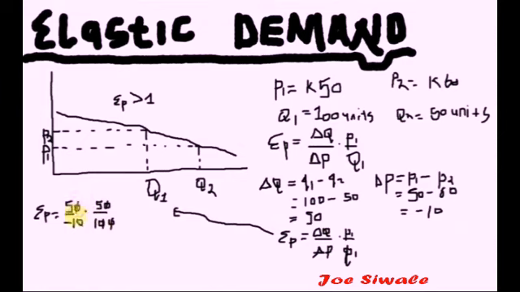So I can cancel out some zeros. After I've done that, I'll say 5 multiplied by 5, that's 25. Then I have a negative 10 down. 25 divided by negative 10, that's negative 2.5. So we can say the price elasticity of this product is 2.5, and it's greater than 1. In that case, our price elasticity of demand is greater than 1.